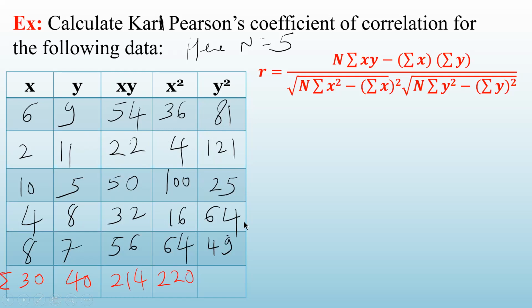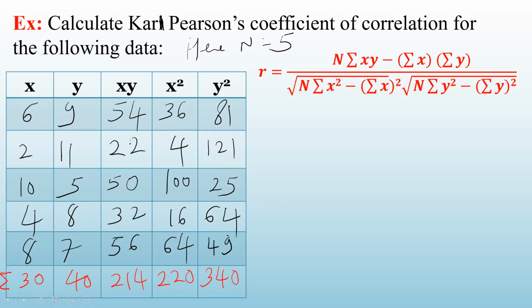Then summation of y square: 81 plus 121 plus 25 plus 64 plus 49 gives you 340. So we have calculated the sum of each column.